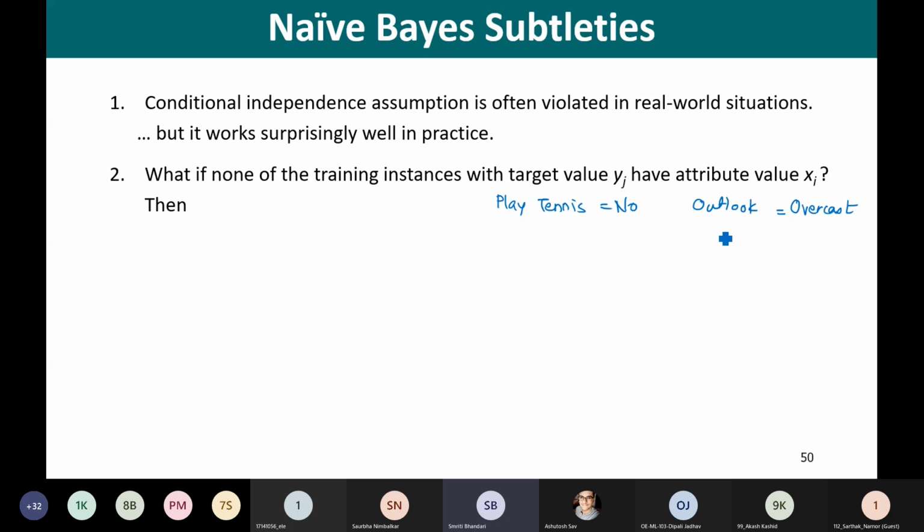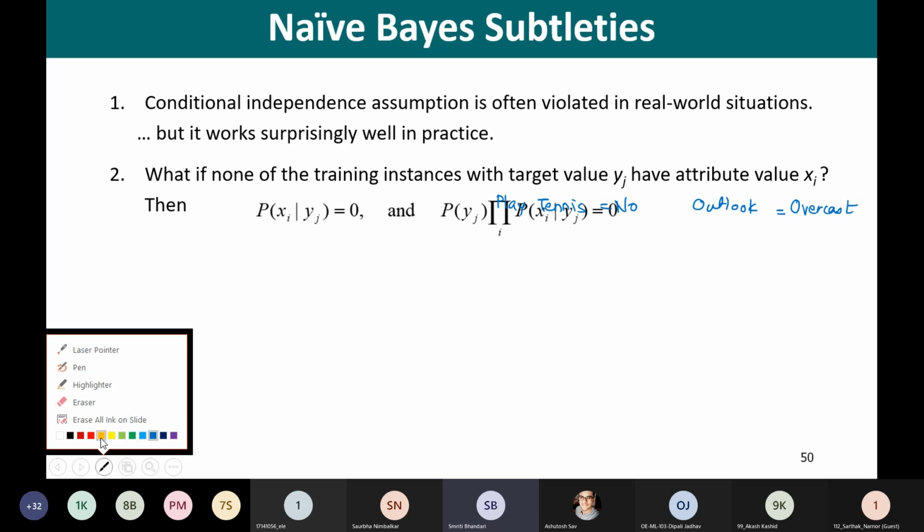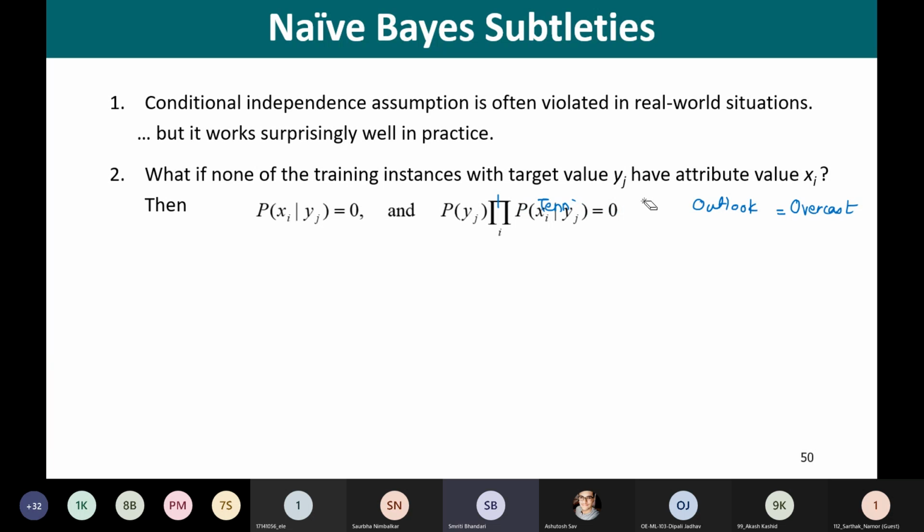In our given training data set, we do not have any instance such that outlook value is overcast and play tennis is no.